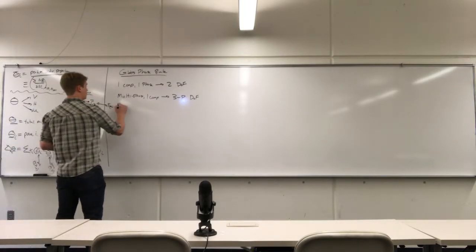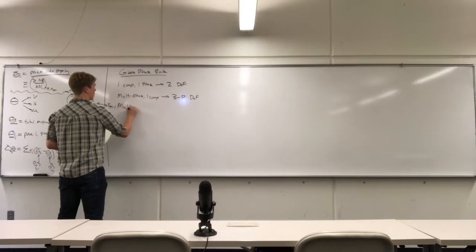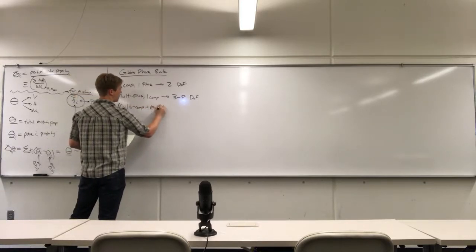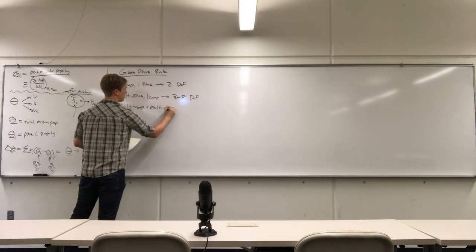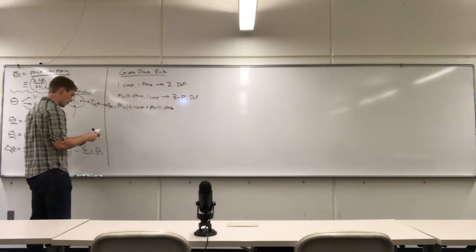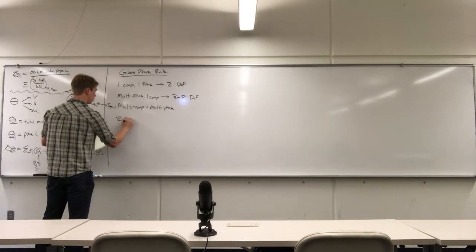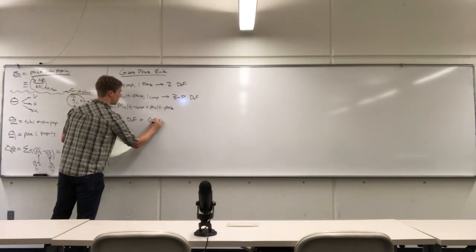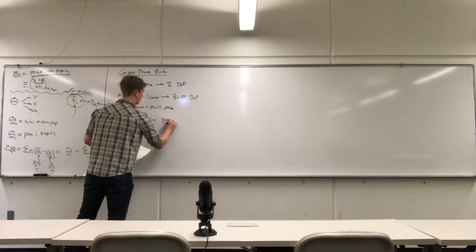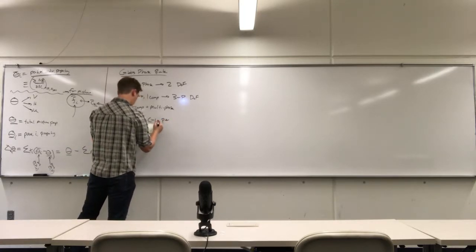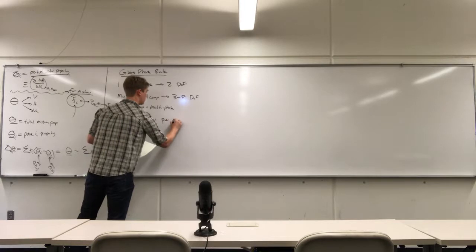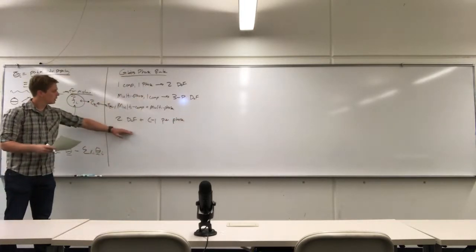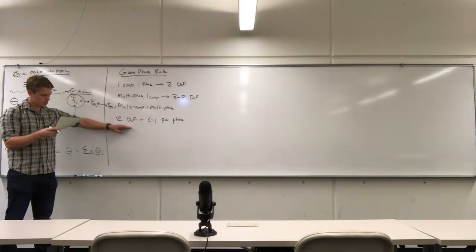Now, if we talk about multi-component and multi-phase, what we have is that we need 2 degrees of freedom plus C minus 1 per phase. Now let's walk through this really quickly.